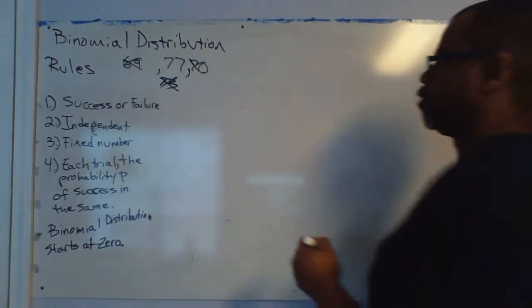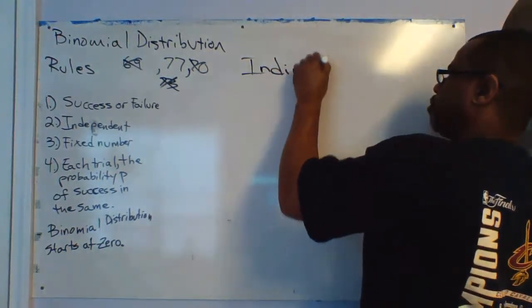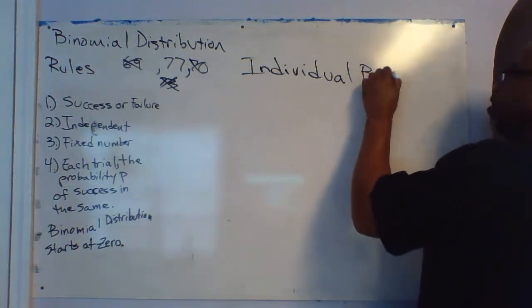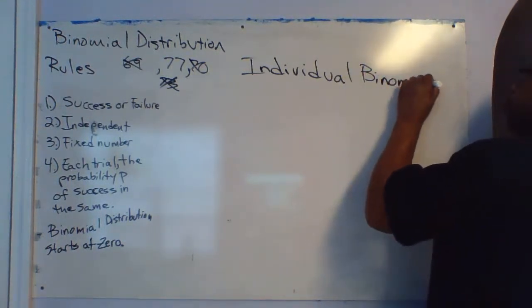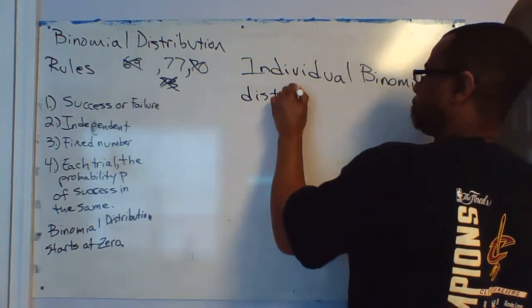So 77, remember, we talked about yesterday your individual binomial distribution formula.